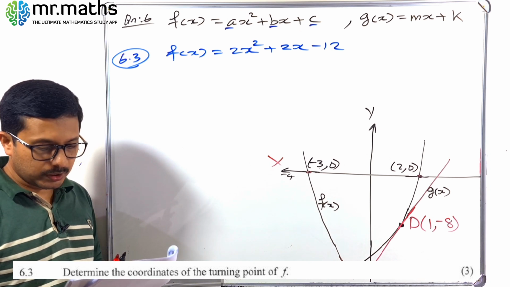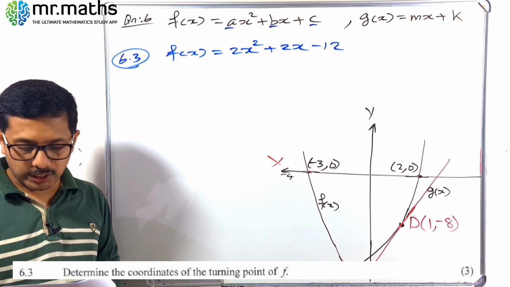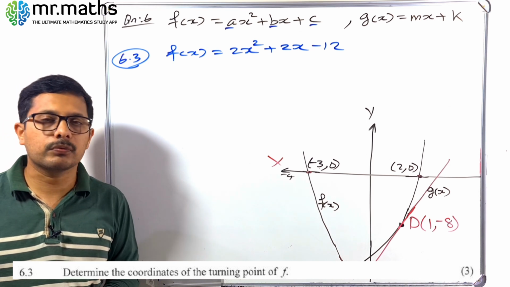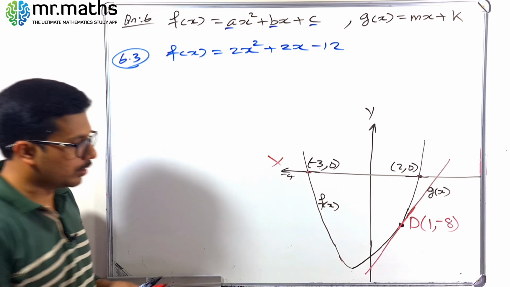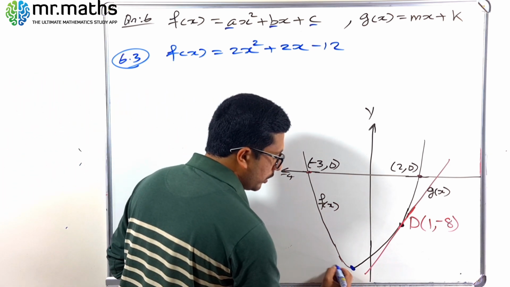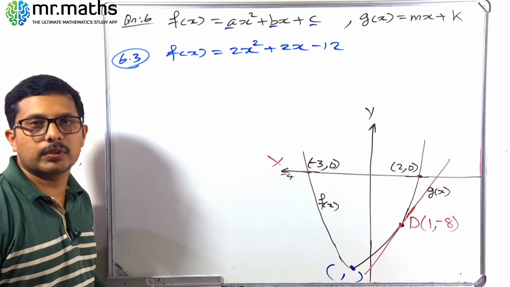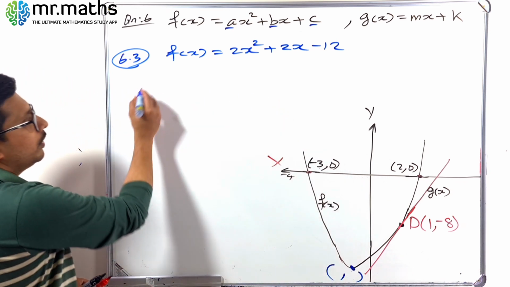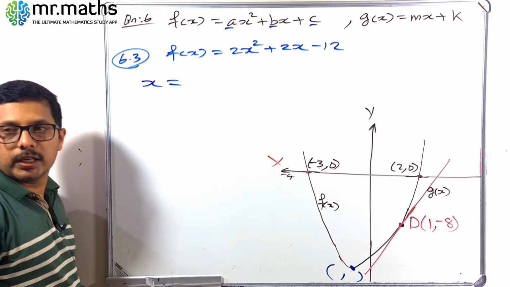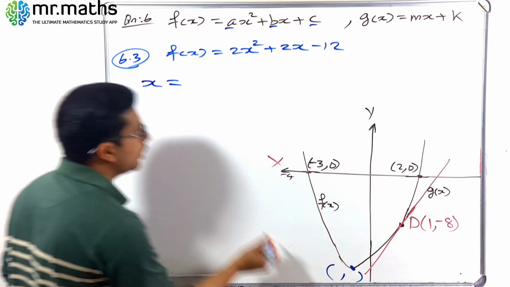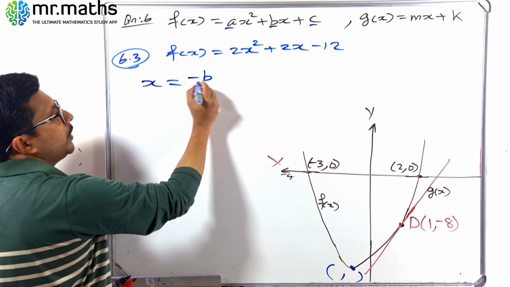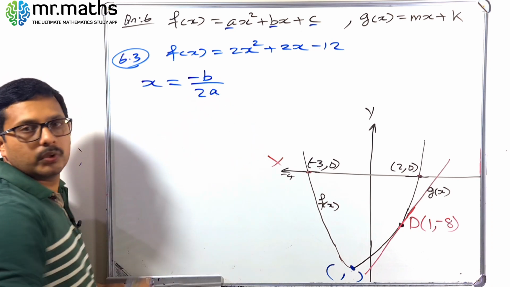Determine the coordinates of the turning point of f. You have to find the coordinates of the turning point. So this point, what are the coordinates of this point? How can you find the coordinates of the turning point? Here you have an equation to find the x value: x is equal to minus b divided by 2a.